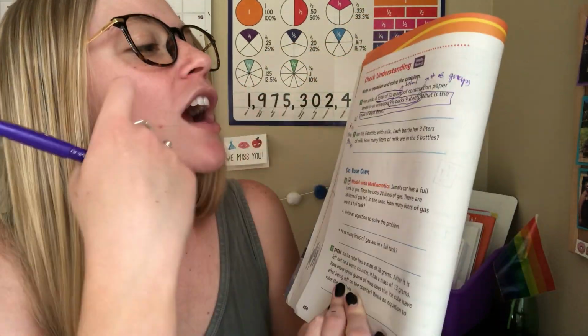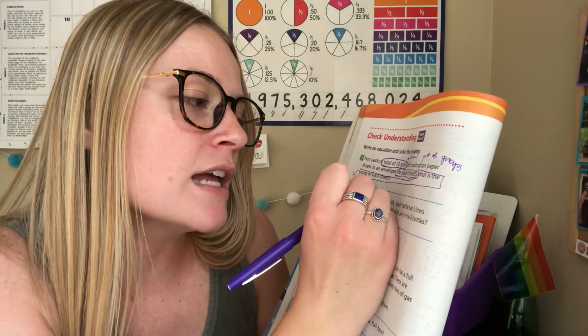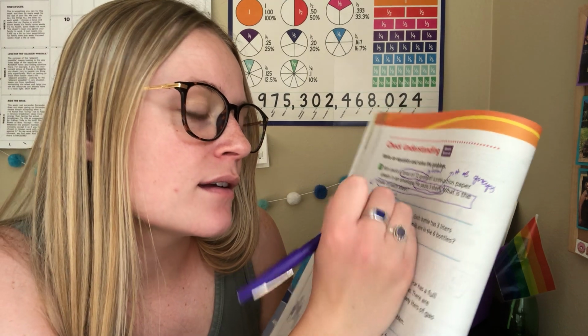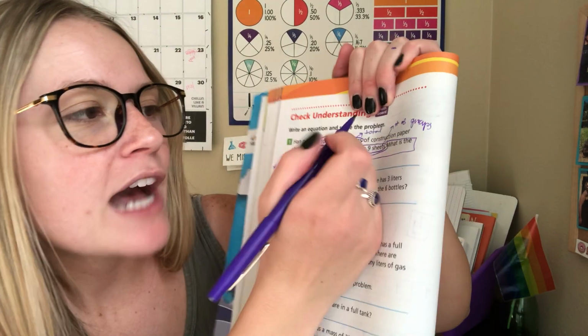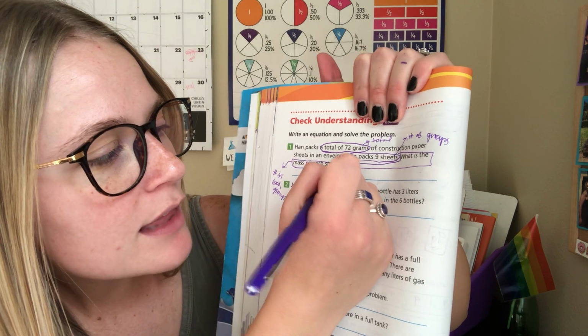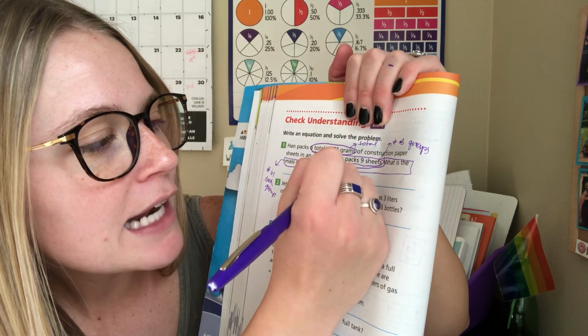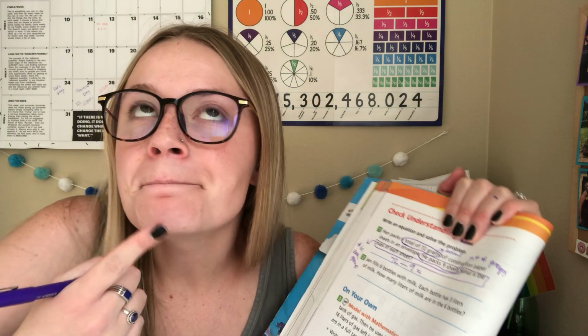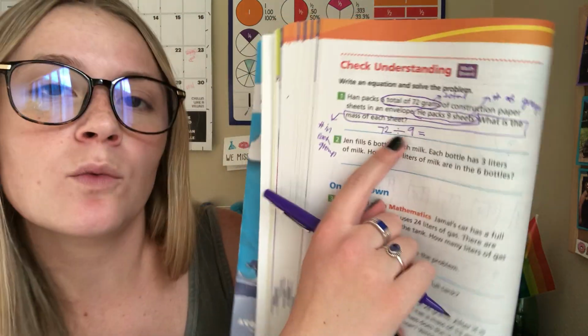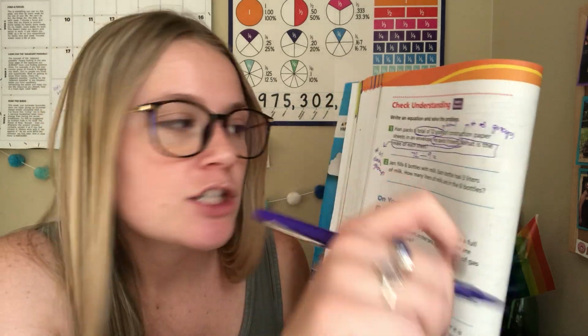Okay, so I'm going to start division. We always start with our total. Our total is 72. Then we divide by the number of groups because that's the part that we know. So 72 divided by 9 equals, okay, remember my math facts. What number times 9 would get me to 72? 72 divided by 9 equals 8.